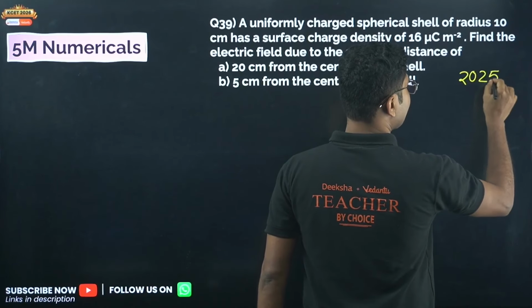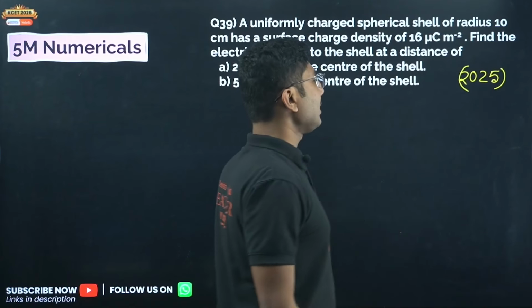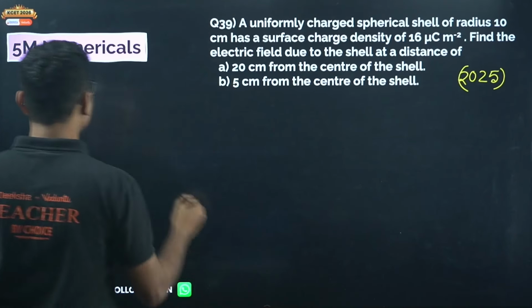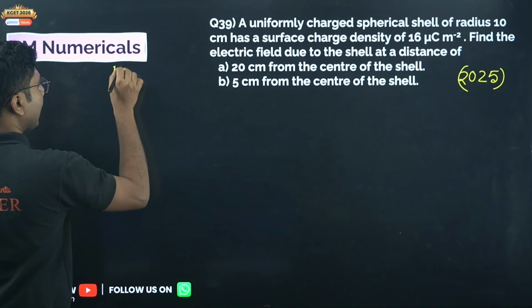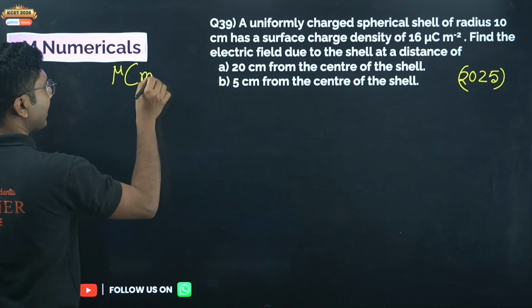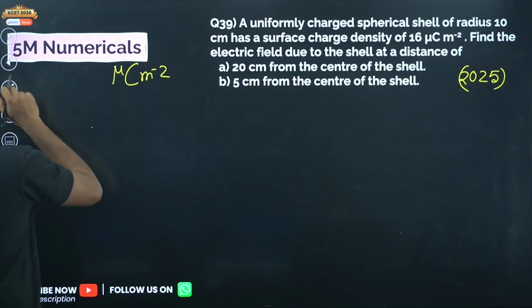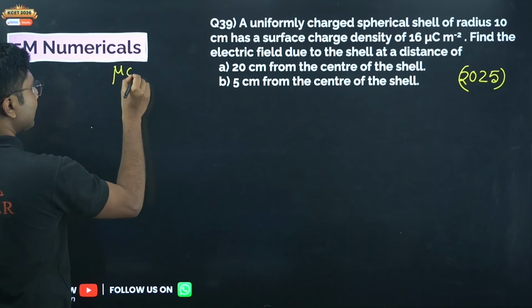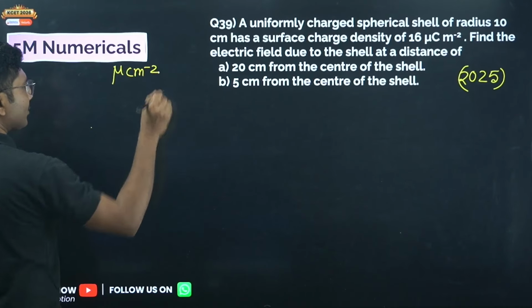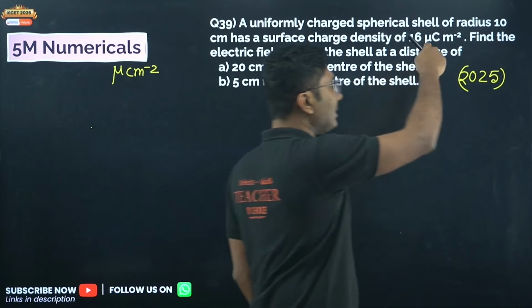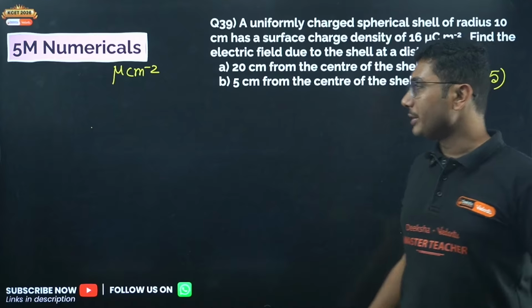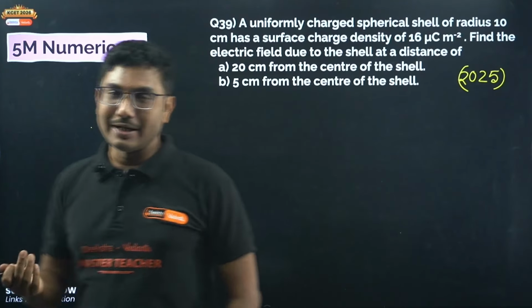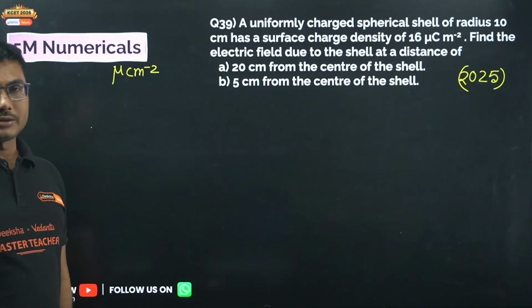Okay, there was a controversy with this question, because in the question paper, instead of microcoulomb per meter minus 2, there was a misprint and they gave centimeter to the power minus 2. So this actually means to be microcoulomb per meter square, which is the unit of charge density.